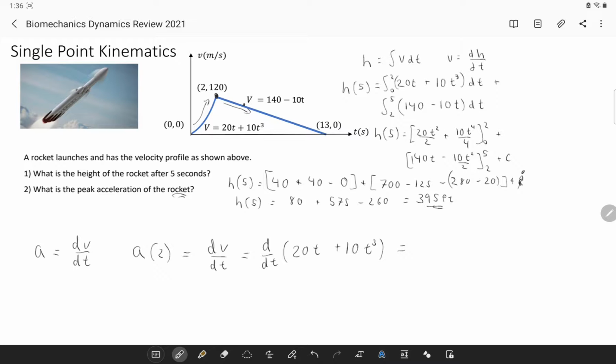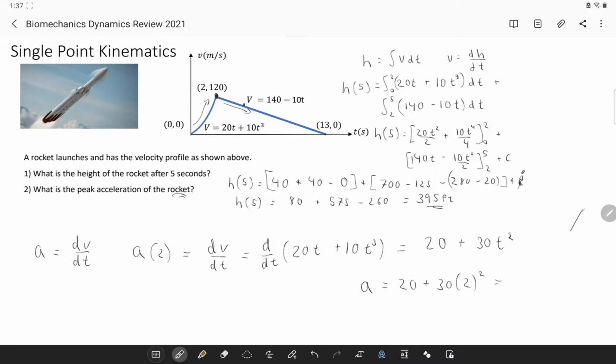The derivative of this is going to be 20 plus 30t squared. If I solve for that at 2 seconds, I get my acceleration equal to 20 plus 30 times 2 squared, so this will be 4.